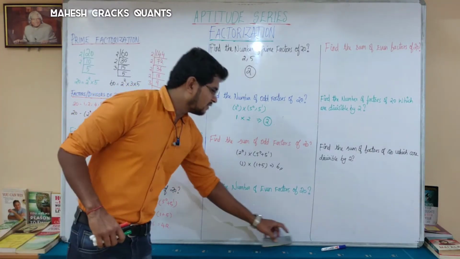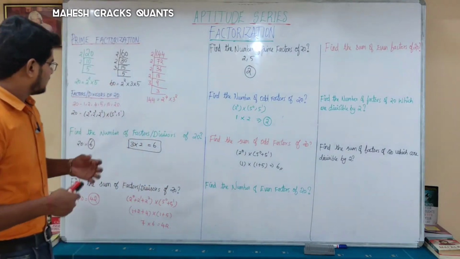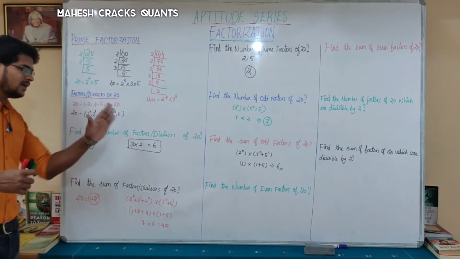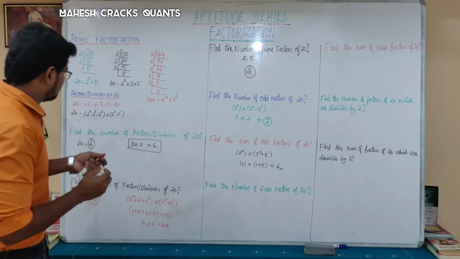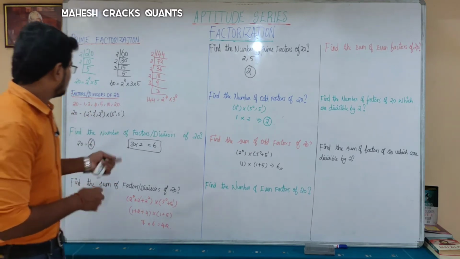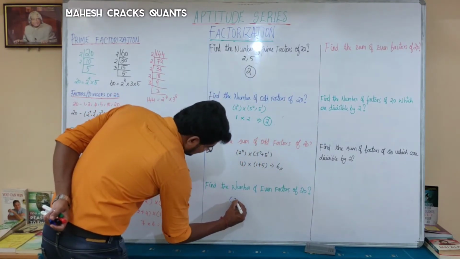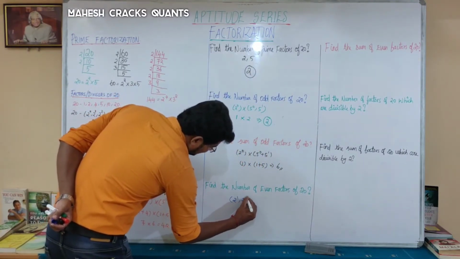Find the number of even factors of 20. So here also, you have to leave the odd part. Remaining everything you have to write. For example, in this case, you have to write everything except 2 power 0.